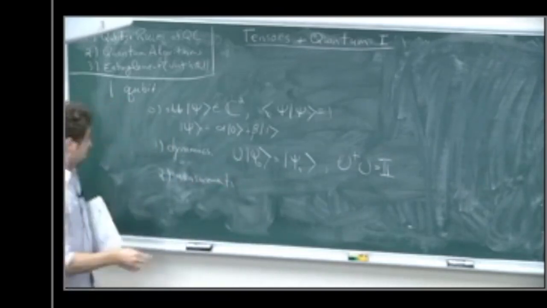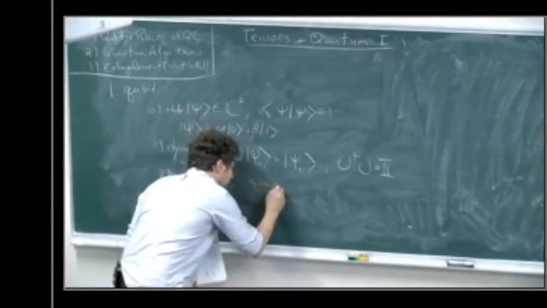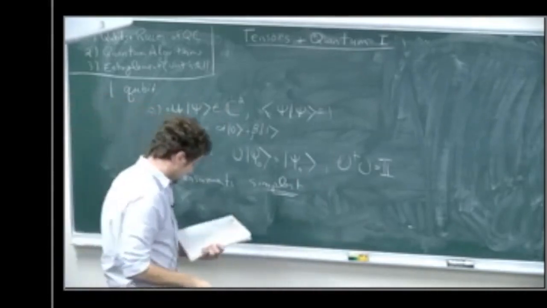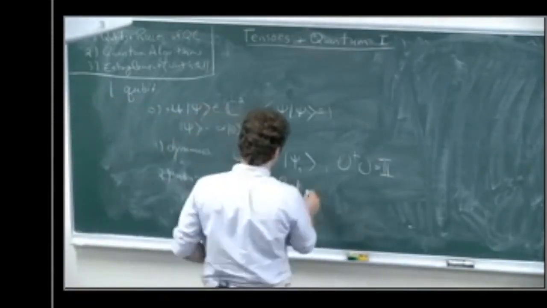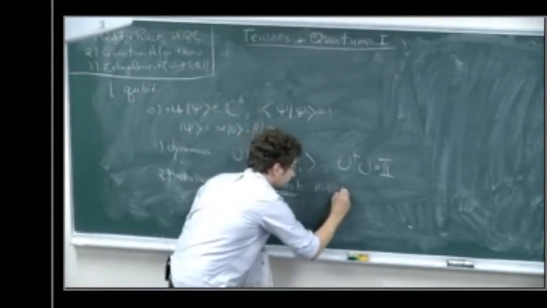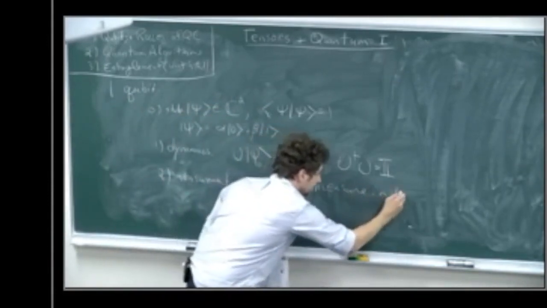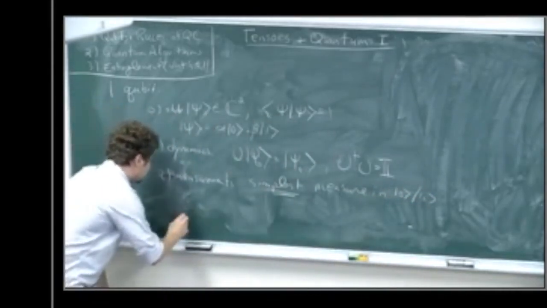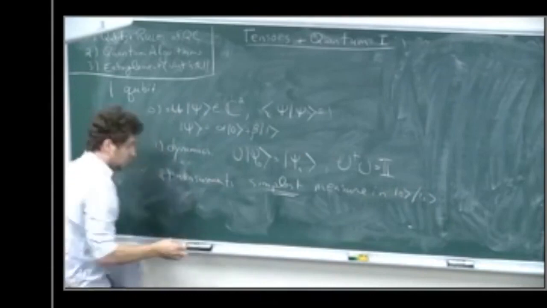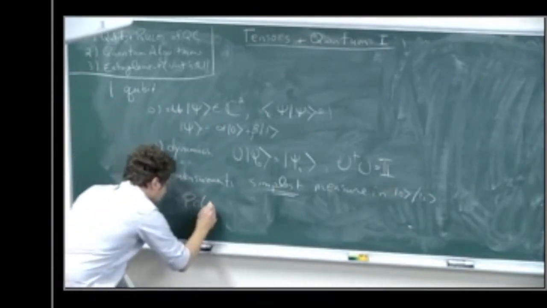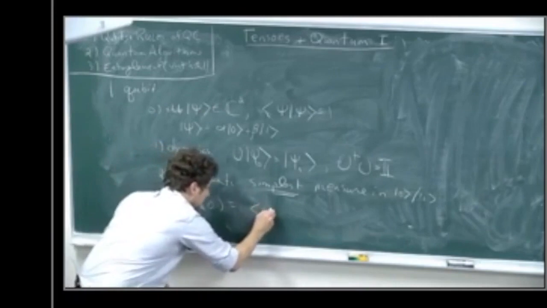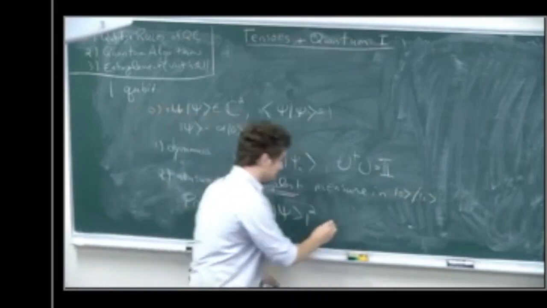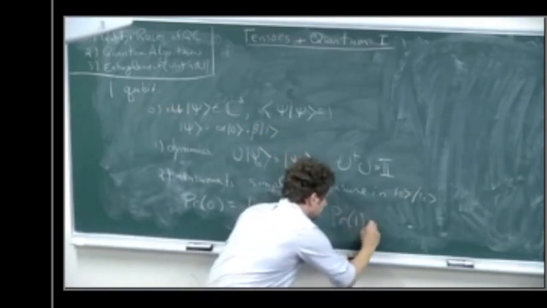The simplest thing you can do is measure in the 0-1 basis. What does that mean? You measure in the 0-1 basis, and you get an outcome that's either 0 or 1, and the probability of getting a 0 is just this, and the probability of getting a 1 is that.